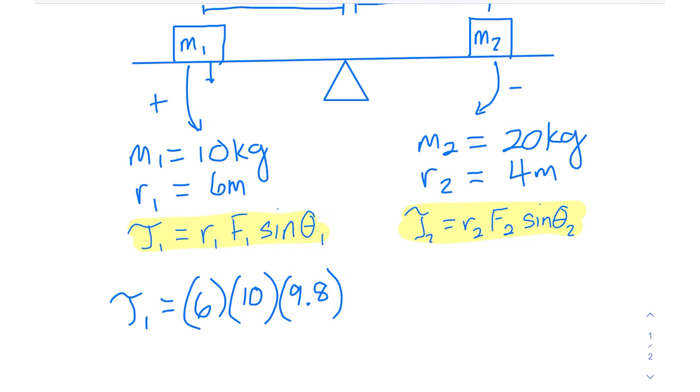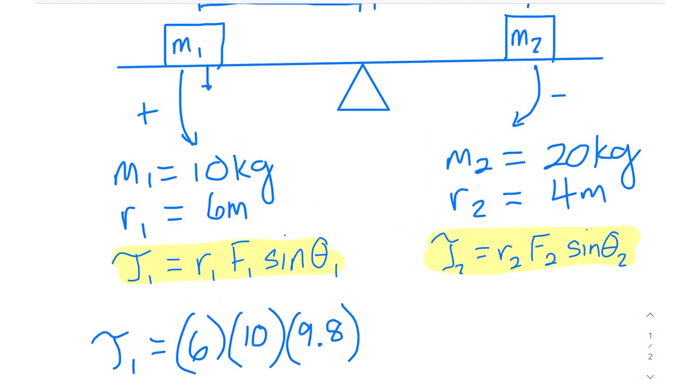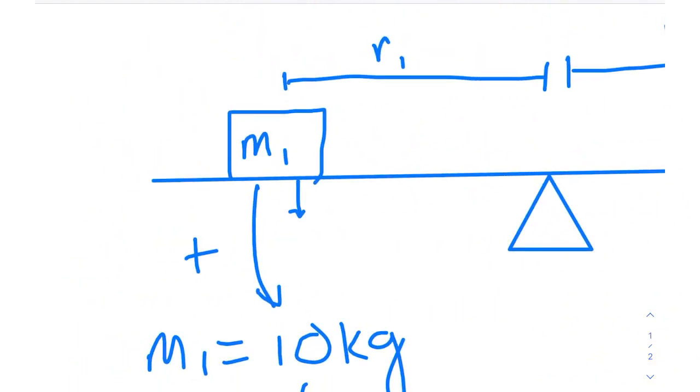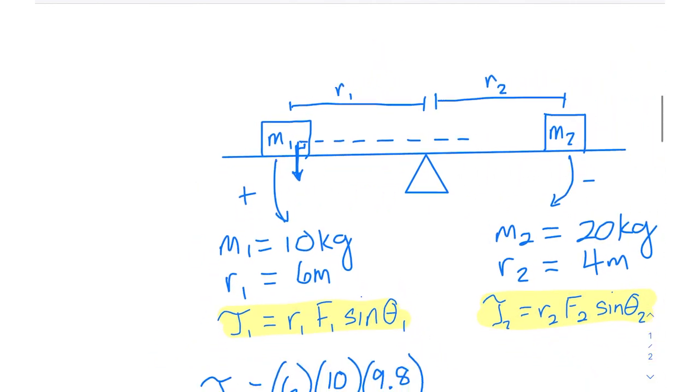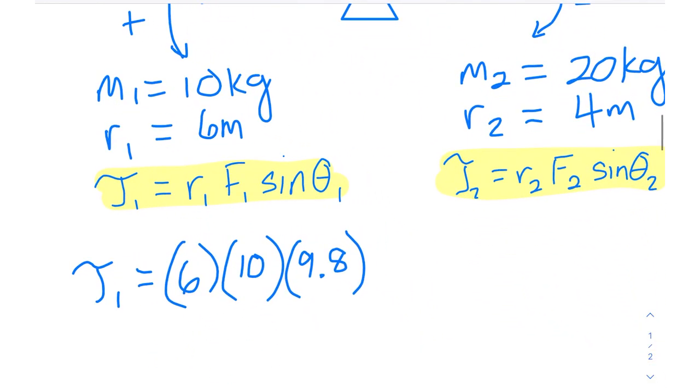So here you'd have 6 times 10 times 9.8, and then we have to figure out our angle. Our force due to gravity acts straight down on that mass, and our axis of rotation is horizontal, so those are at a 90-degree angle. Those are perpendicular to one another.